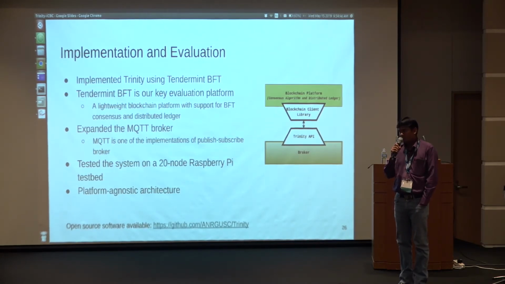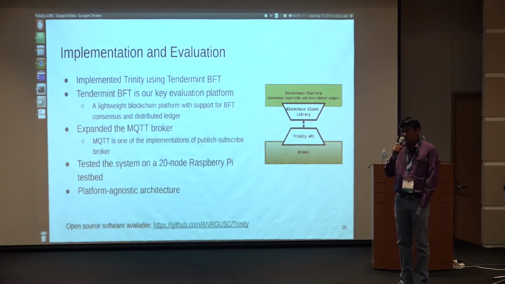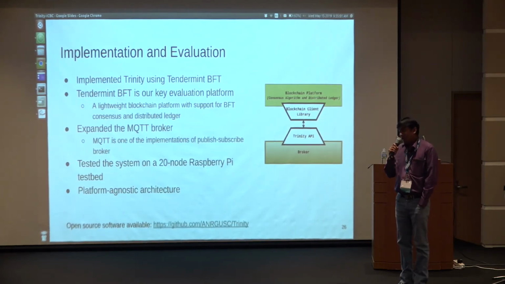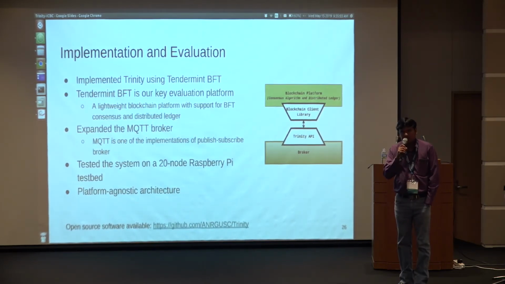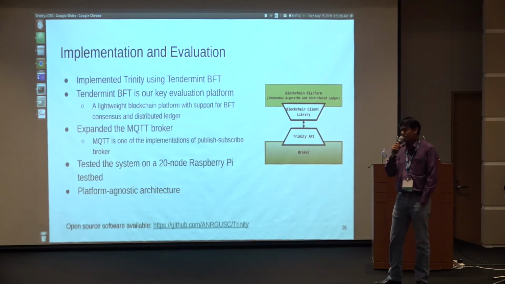And for your information, Cosmos is actually built on top of Tendermint BFT, which is one of the well-constructed blockchain platforms. And we actually managed to run Tendermint BFT on Raspberry Pi nodes, which is another interesting thing that we discovered in the process.